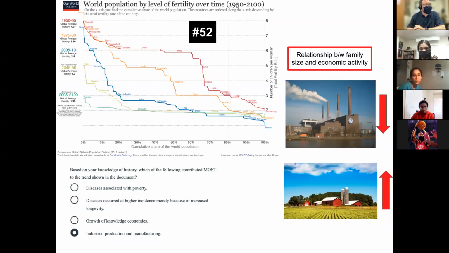So the question you guys missed about it, I think mostly was because of this confusing graphic. Because it's kind of inverse from what you normally see. Time is on the left. And then numbers of children or fertility rates are on the right. And then it shows you that over time, all societies at different rates are having less and less children. And what that represents is a shift from agricultural societies to industrial societies.